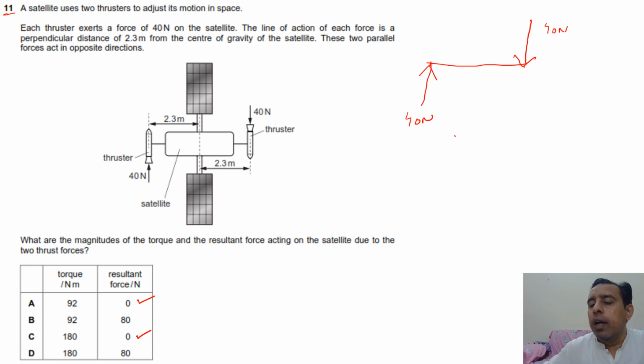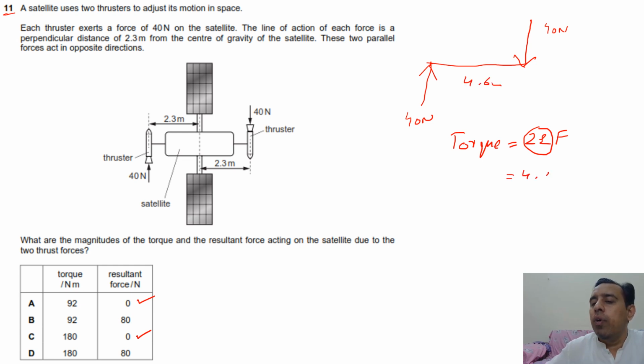But if we get the torque, you know that this torque is 2rF. So 2r is the distance between the forces, which is 2.3 plus 2.3, it is 4.6 meter.